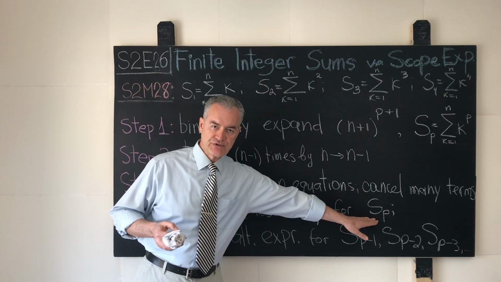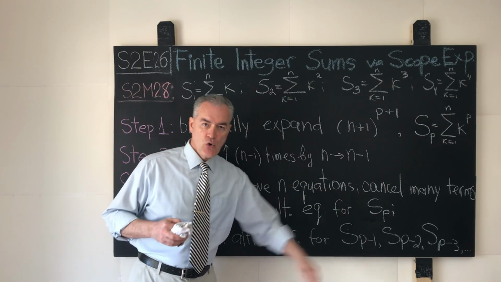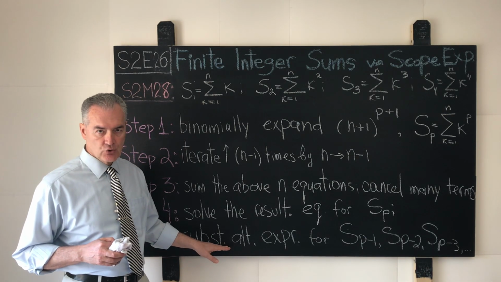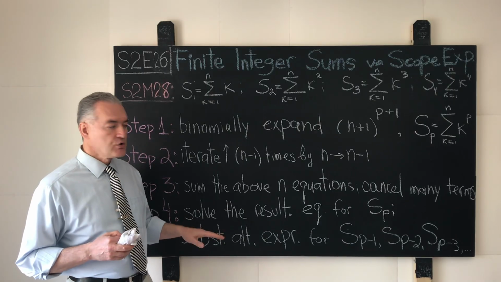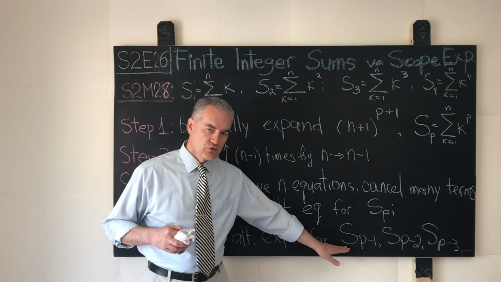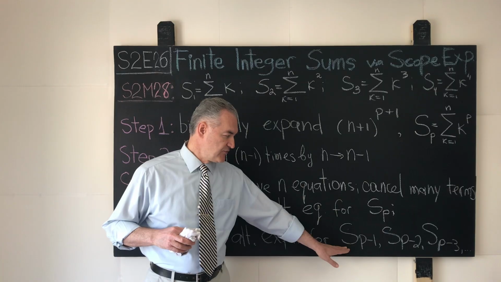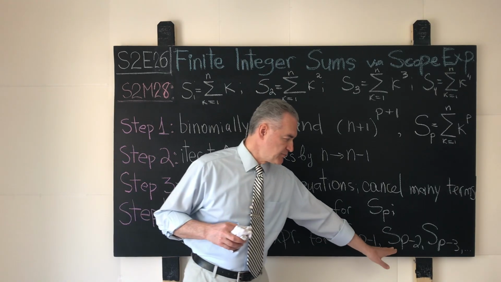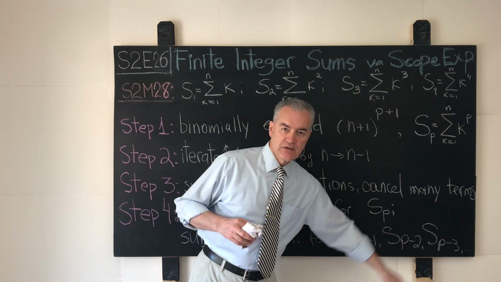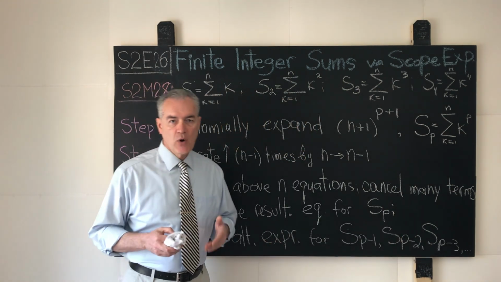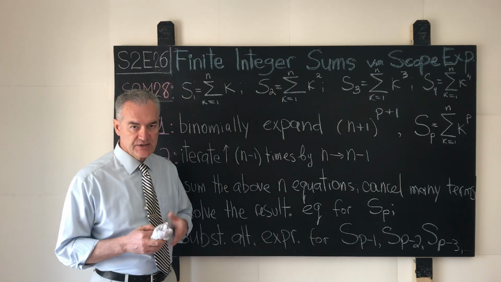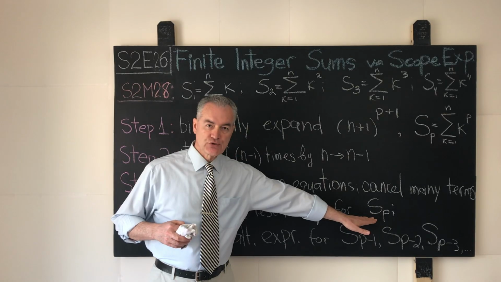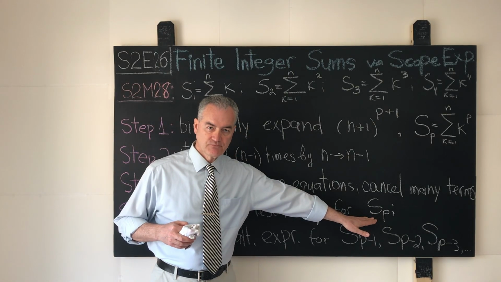And in order to produce an alternative expression for that sum, the last step is to substitute the alternative expressions for all the previously evaluated or computed finite power integer sums, Sp minus 1, Sp minus 2, Sp minus 3, and so on, for however many such intermediate sums are in the equation for the sought after sum Sp.